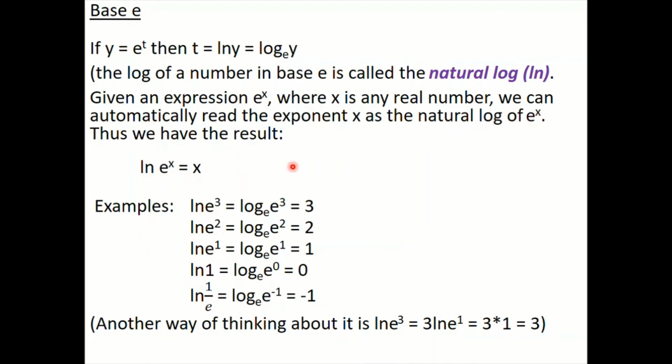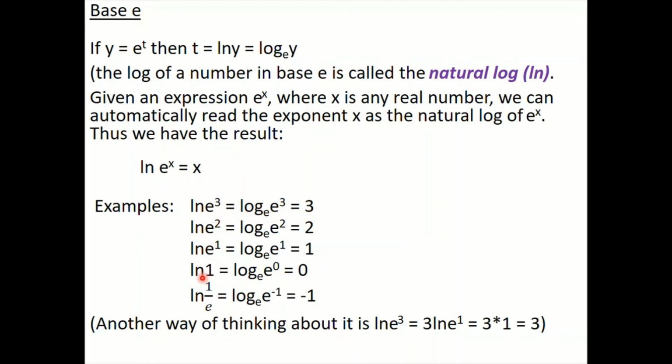So in other words, if we're now working with the natural log of e raised to the power of x, then this exponent x would be the natural log in this case. So some other examples here where we have an expression where we've got e raised to the power of 3. 3 is the natural log of e raised to the power of 3. So 3 is the natural log in this case here.